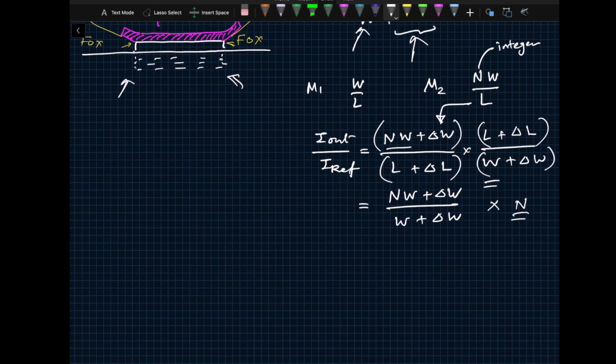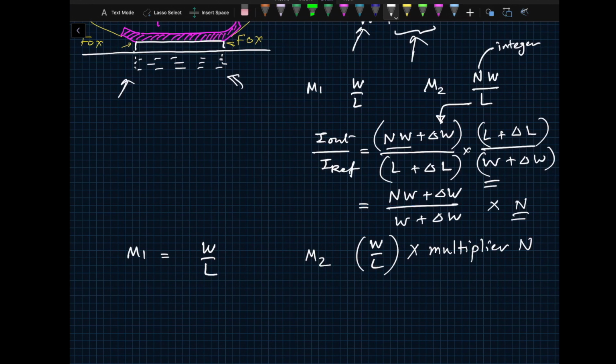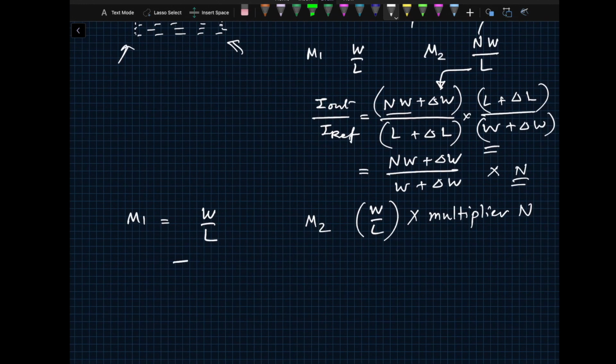Now, however, if I have a transistor M1 which is a W by L unit, and transistor M2 which is W by L with a multiplier of, let's say, N, which means I'm stamping this transistor of W by L N times, where N is an integer, then your I out divided by I ref will be equal to NW plus N times delta W. I think this should be pretty obvious.